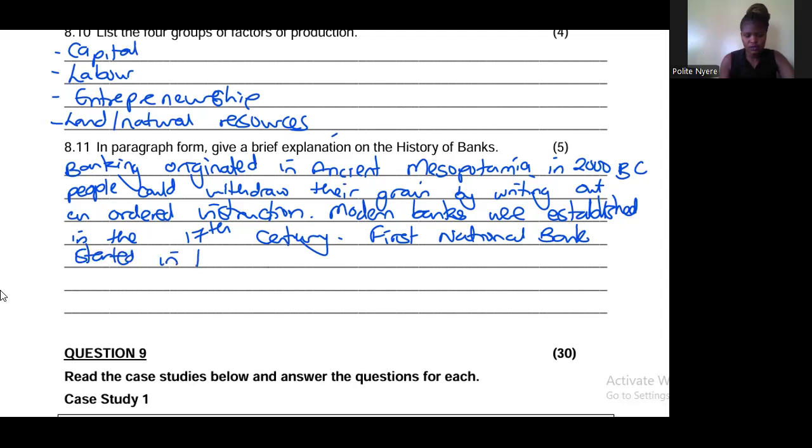It started in the Eastern Cape Province and it was known as the Eastern Province Bank, in Grahamstown. That's where it started. So that is what we have there.